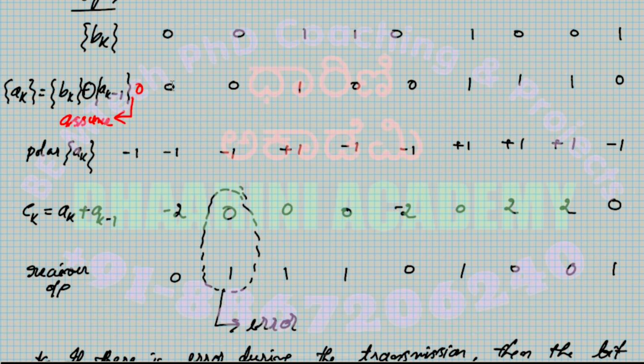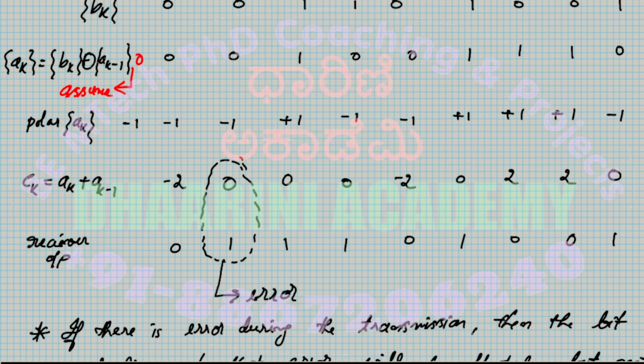Like 0 plus 0 is 0, 0 plus 0 is 0, 0 plus 1 is 1, 1 plus 1 is 0. Whenever the same thing is added, you get 0. Like that you add. Then whatever pre-coded value you have, that is ak, you convert into polar. That's our first step in the duo binary signal.